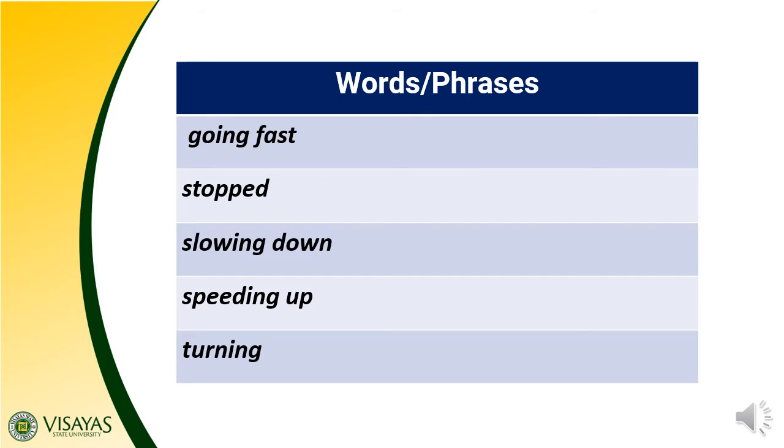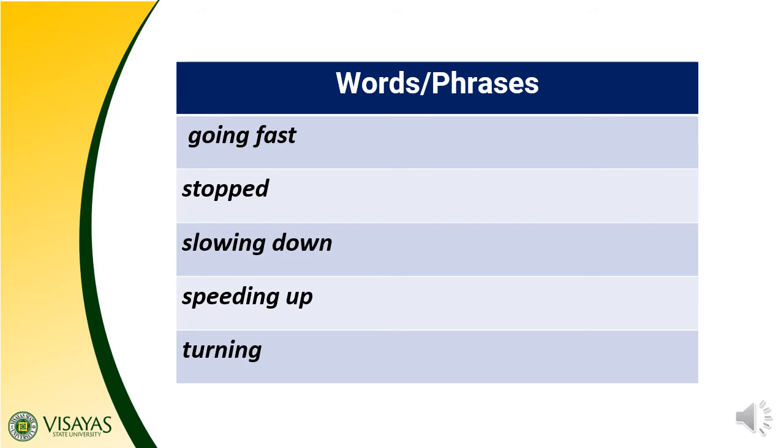For example, the car is going fast, the car has stopped, the car is slowing down, the car is speeding up, the car is turning. These are some examples of the words or phrases that are commonly used in describing the motion of an object. But these words or phrases do not completely describe the motion of an object.